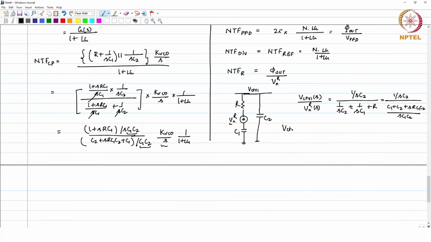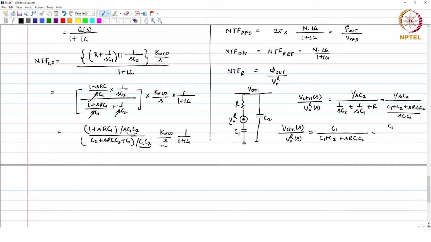So V control of S divided by VNR of S is equal to, S C2 will get cancelled, you get C1 divided by C1 plus C2 plus SR C1 C2.